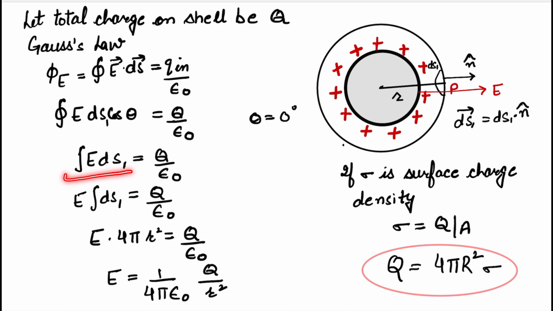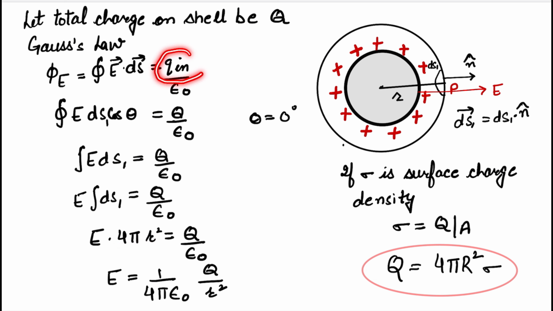So we have E ds1. Electric field is uniform as the spherical shell is uniformly charged. It can be taken out of the integration, and the integration is left over ds1 only. So this is ds1. If you want to calculate the entire area, it will be equal to the area of a sphere, that is 4 pi r square.